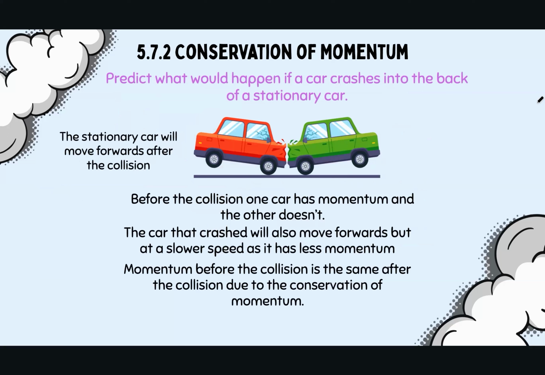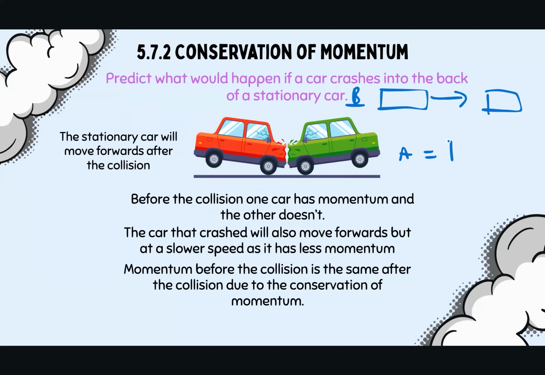Predict what would happen if a car crashes into the back of a stationary car. The stationary car moves forward after the collision. So we've got two cars. This car goes into the back of that car. Now, this is before the crash and after the crash.